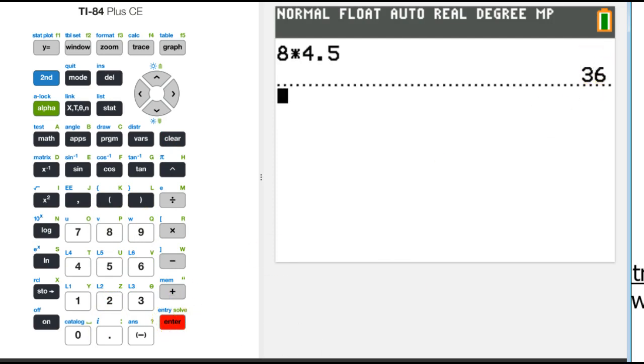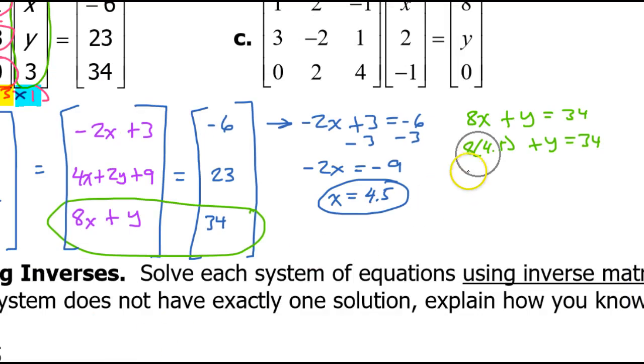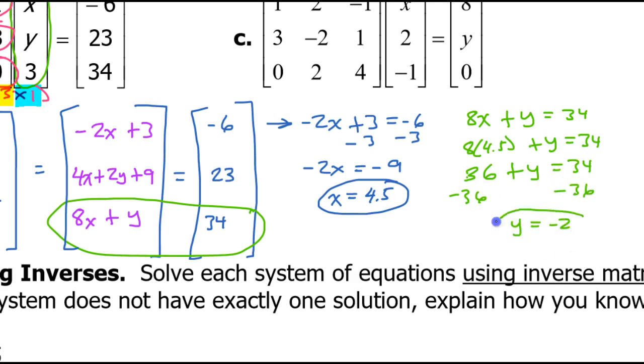Okay, so that's 36. So I've got 36 plus y is equal to 34. If I subtract 36 from both sides, I get y is equal to negative 2. So those are the two values I was supposed to find.